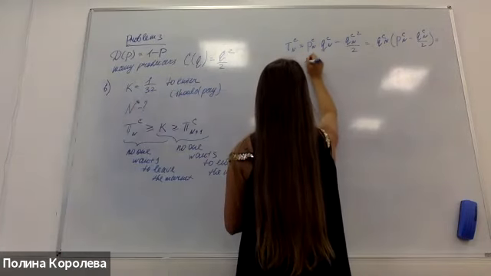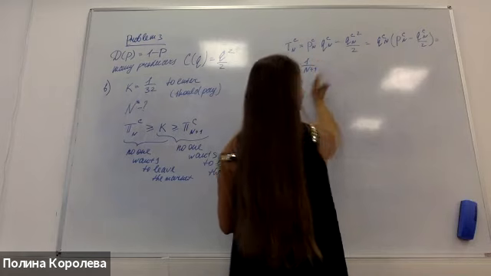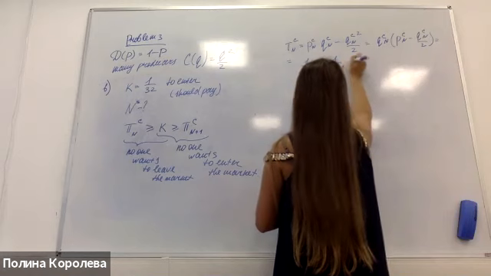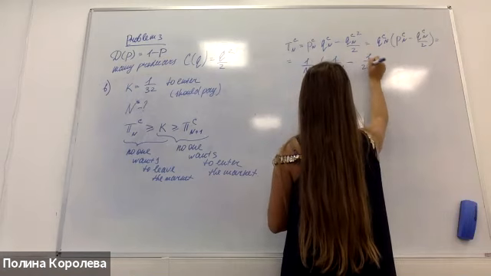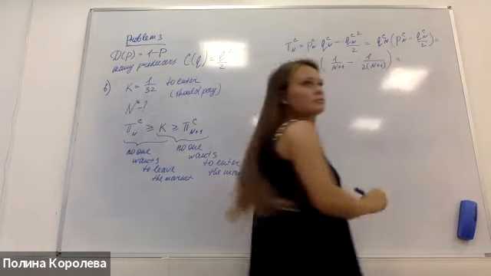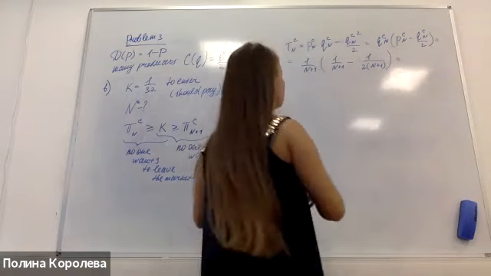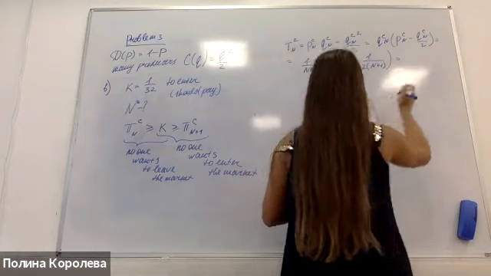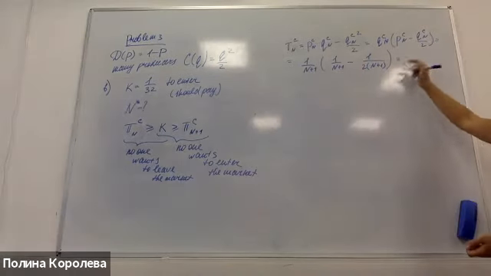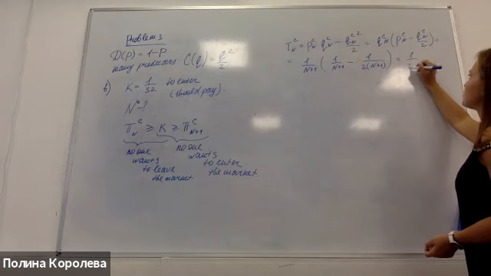It is 1 divided by n plus 1, minus 1 divided by 2 multiplied by n plus 1. So here it will be 1 divided by 2 times n plus 1, squared.